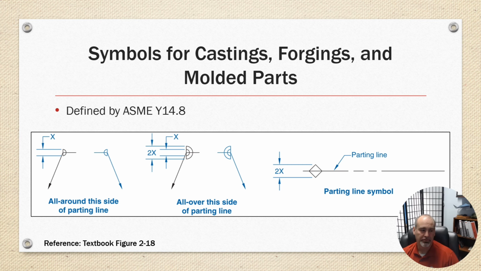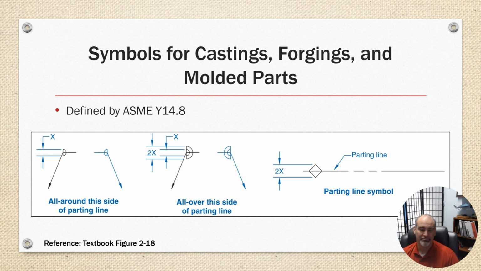So there's a symbol that has a half circle, and it says all around this side of the parting line. If you're familiar with welding symbols, it's similar to that, but it's specific to mold making, and that's why it's a half circle. And then we have another one that's all over this side of parting line. That condition can be met.